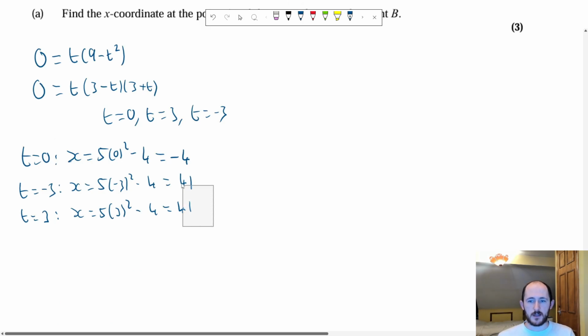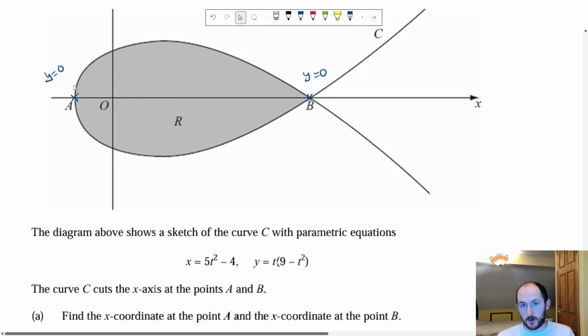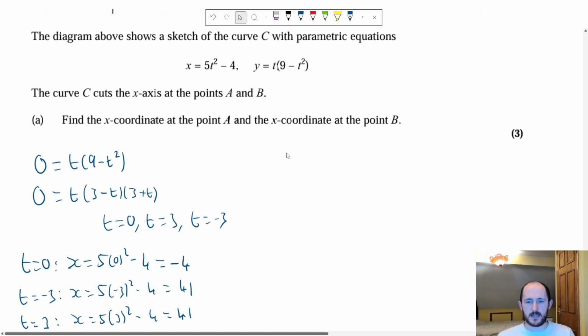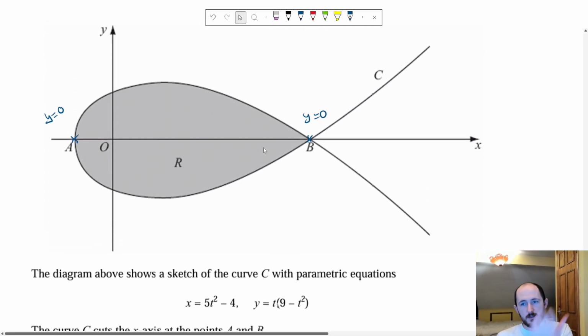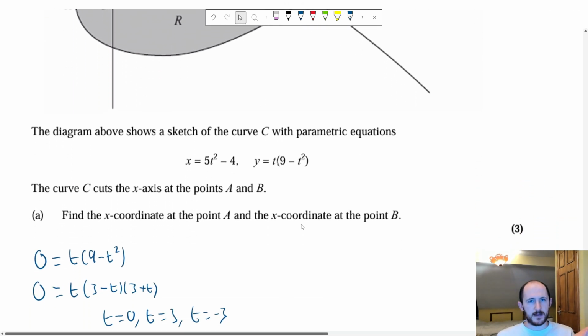So the negative x-coordinate is of course A, but also the repeated x-coordinate must be at B, because that's where it happens. So the coordinates for A are (minus 4, 0), and for B, we have (41, 0). And that's it. So again, using the graph, using the exact same tricks, we can work out what we need to do. And don't panic, it's all good.